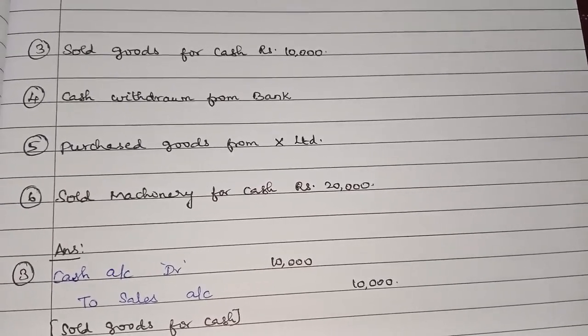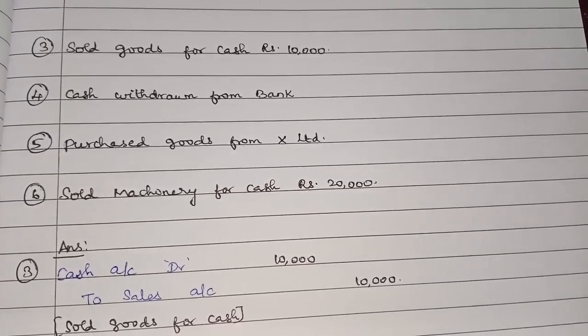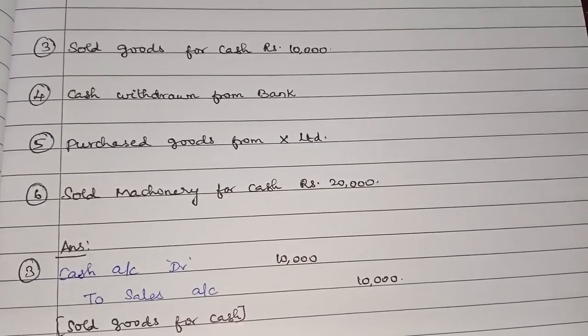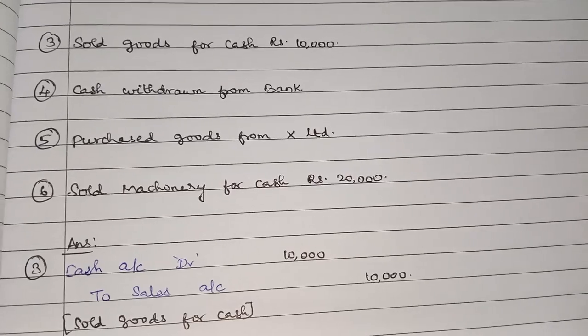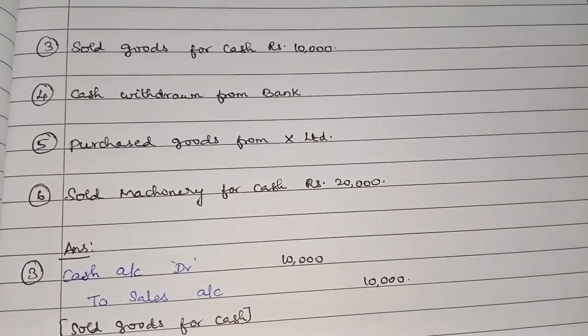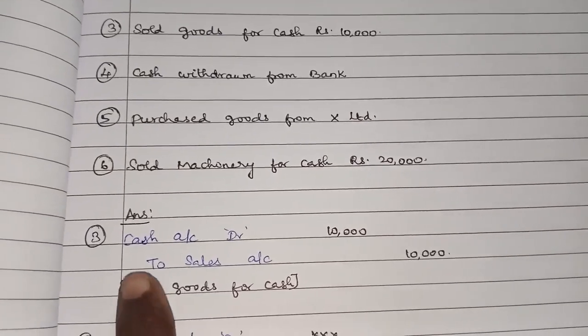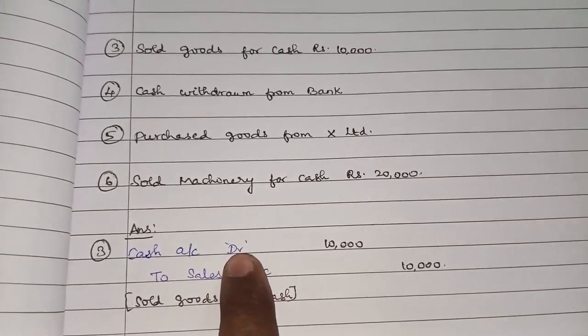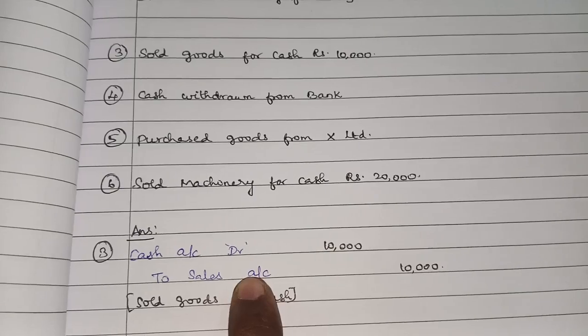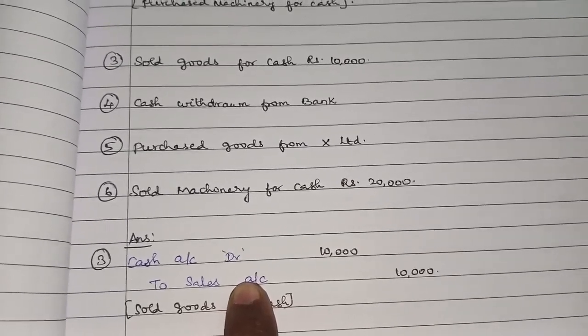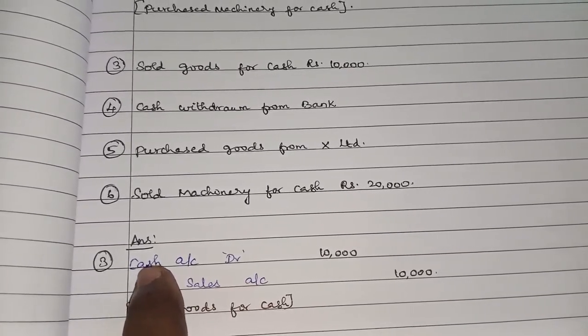So the third transaction is a cash transaction, and you have to debit the receiving aspect on the debit side. The first line is the debit side, and this line is the credit side. So the journal entry will be, we are receiving cash.